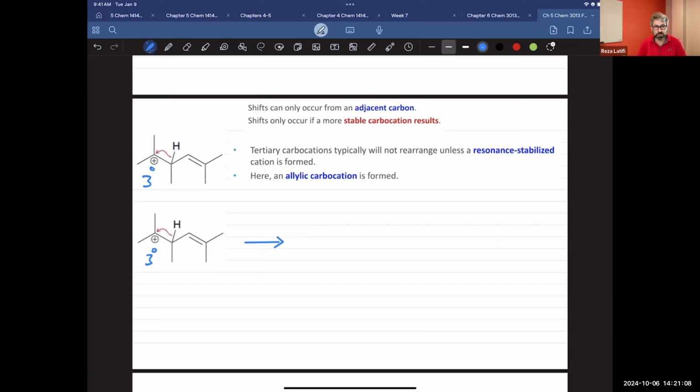If we move, for example, a hydride, we get this. We will have a positive charge here, and the hydrogen we attached there. We moved the hydride there. Now, what did I get? I had the tertiary, and I got the tertiary again. Is it a good thing?